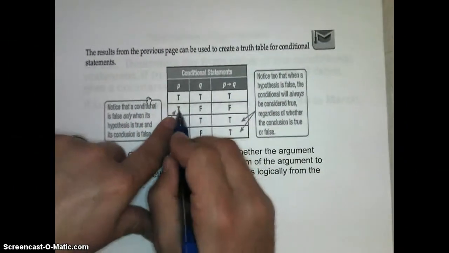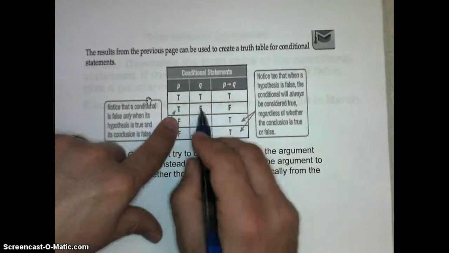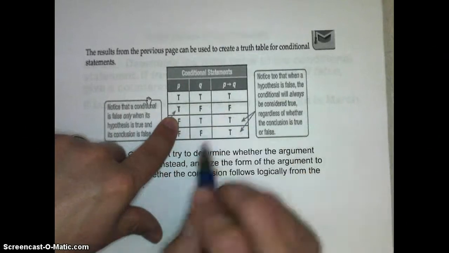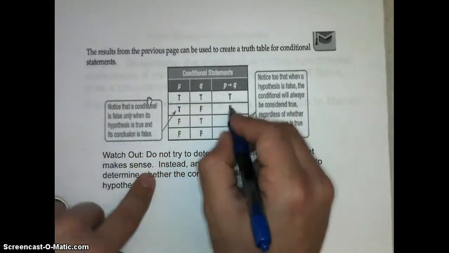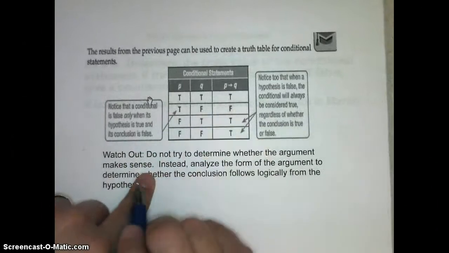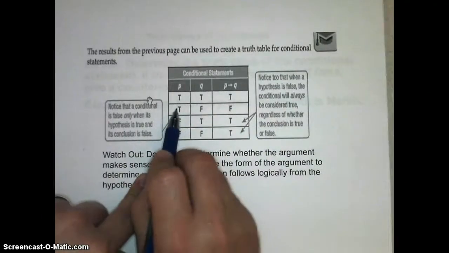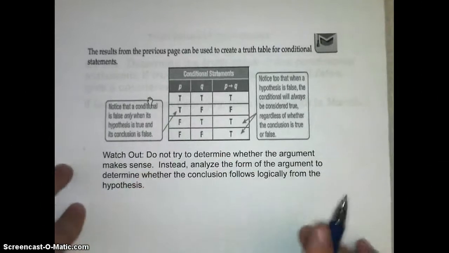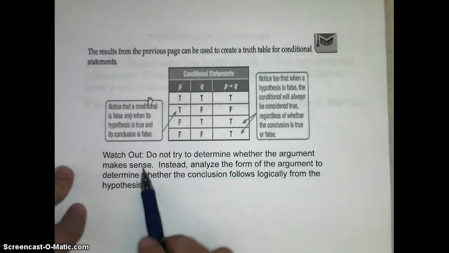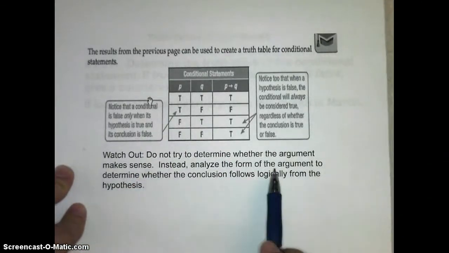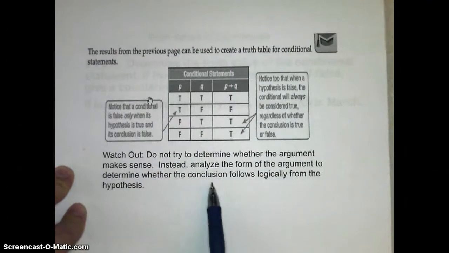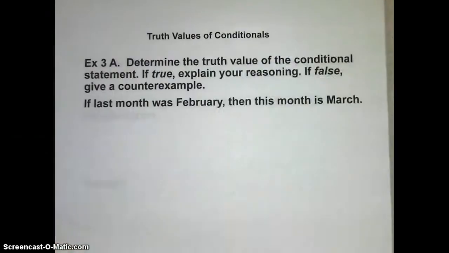If the hypothesis is true and the conclusion was false, then your if-then statement is actually false. And what we notice is that's the only way to prove that a statement is false, is if your conditional statement has a true hypothesis and false conclusion. Again, remember, it's not about whether the argument makes sense. Analyze the form of the argument to determine the conclusion, whether or not it follows logically from the hypothesis.